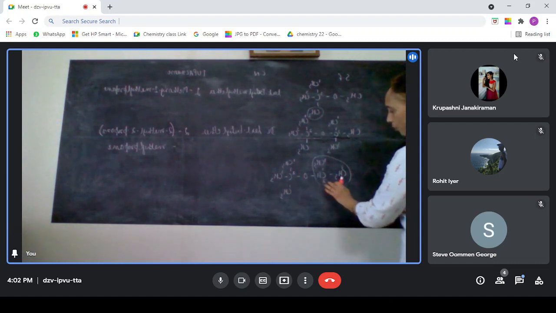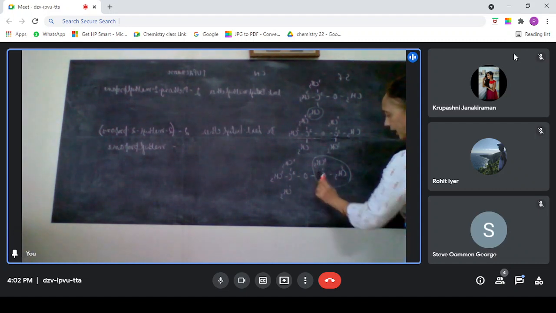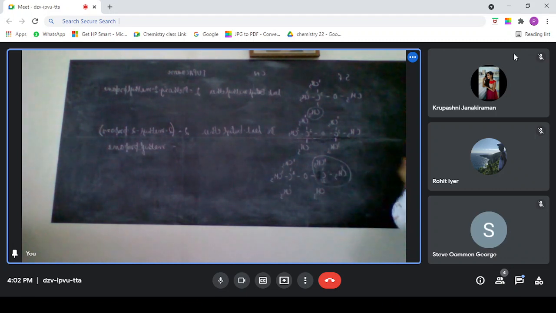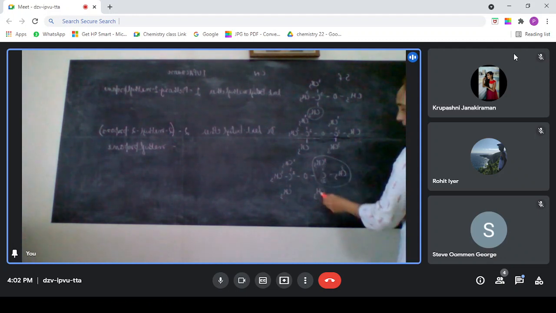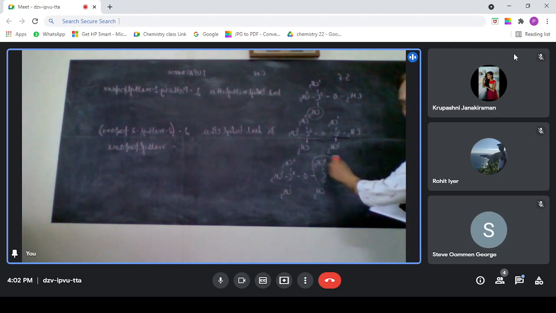Correct? Now you have one more methyl here. So this becomes 2-methyl 2-propoxy.